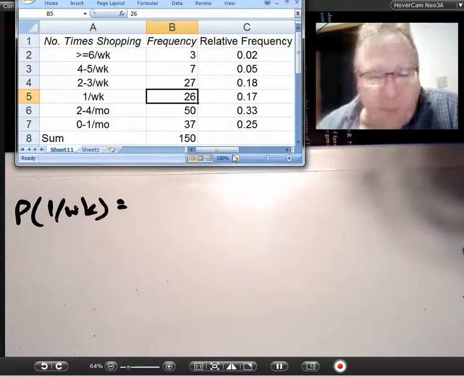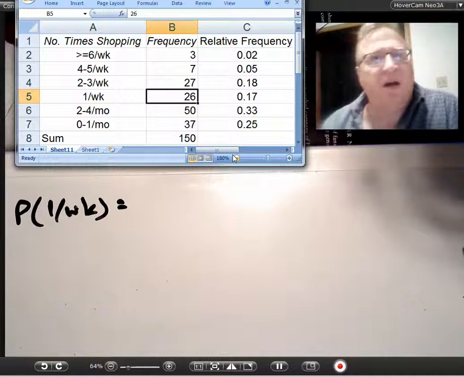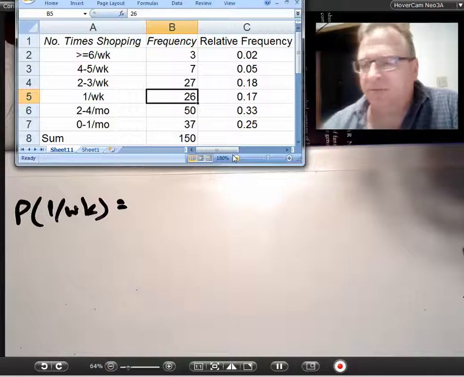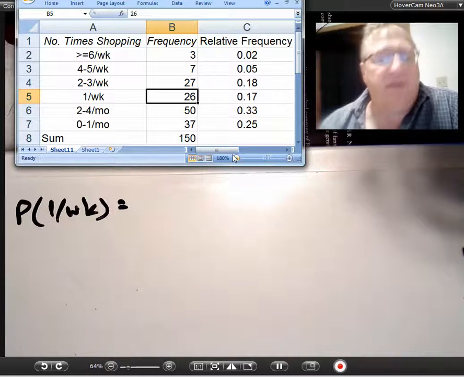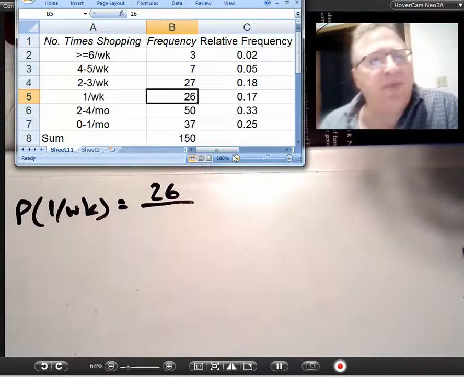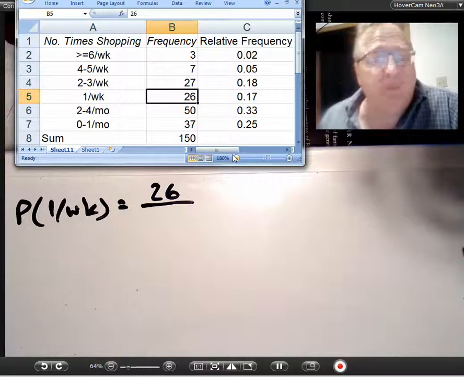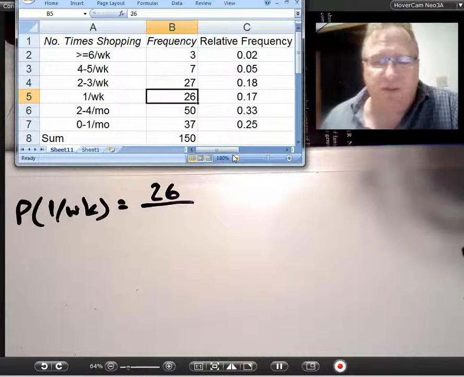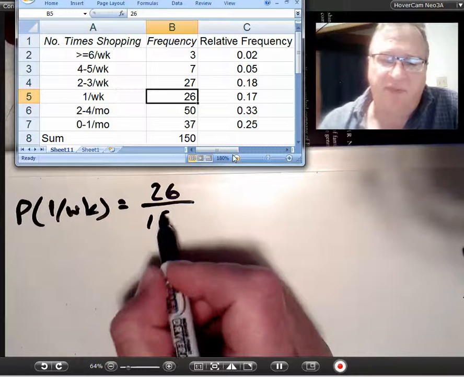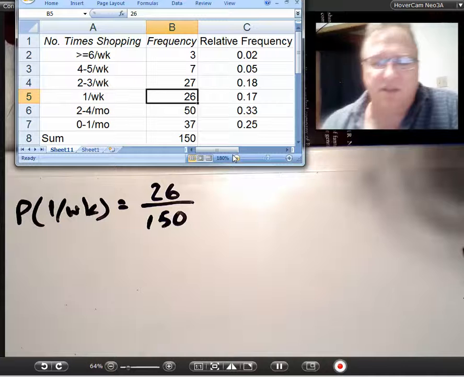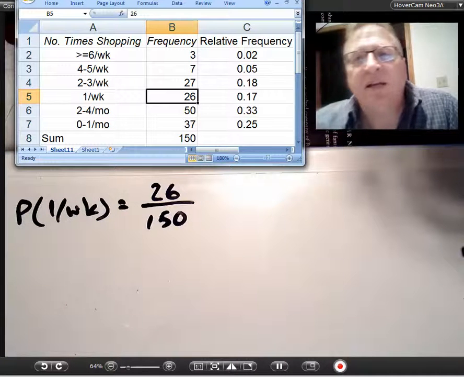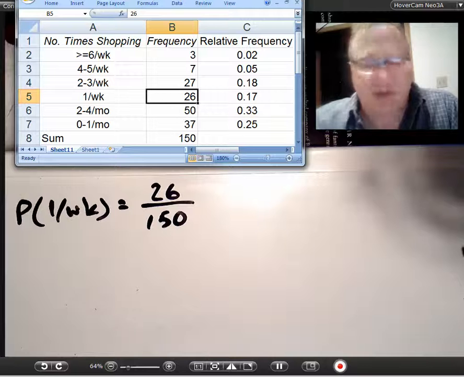Well, how many favorable outcomes are there? We can see from our table, there are 26 favorable outcomes. 26 people go to the mall once per week. What's the total number of outcomes? Well, that's our total number of surveys, 150.